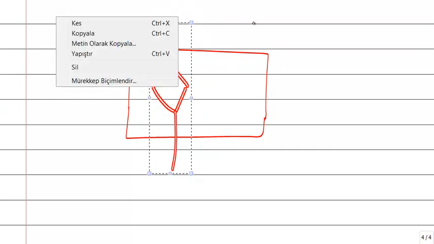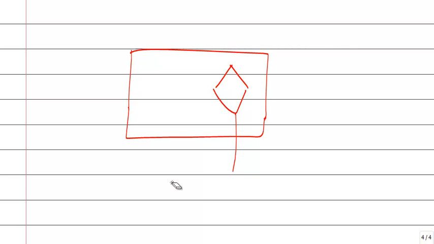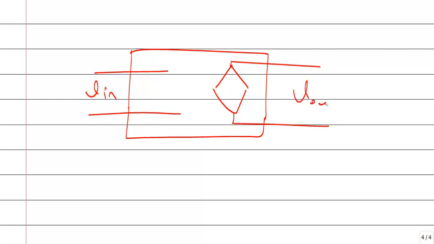This is the output, and it has some inputs. Or let me draw it like this, as a 2-port representation. It has 2 ports, 4 cables.